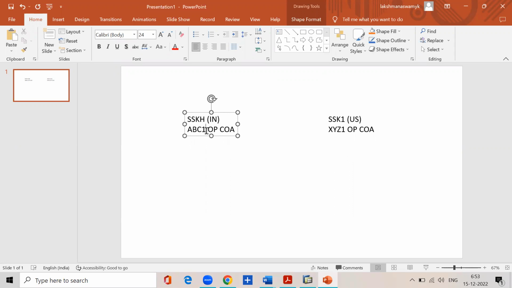So in order to meet the requirements of the Indian Companies Act, what chart of accounts are we using? ABC1, right? So this SSK1 company code has to prepare two sets of financial statements. One set from the operational chart of accounts, another set from the ABC1 chart of accounts. So this ABC1 chart of accounts for the US company code is called the country specific chart of accounts.